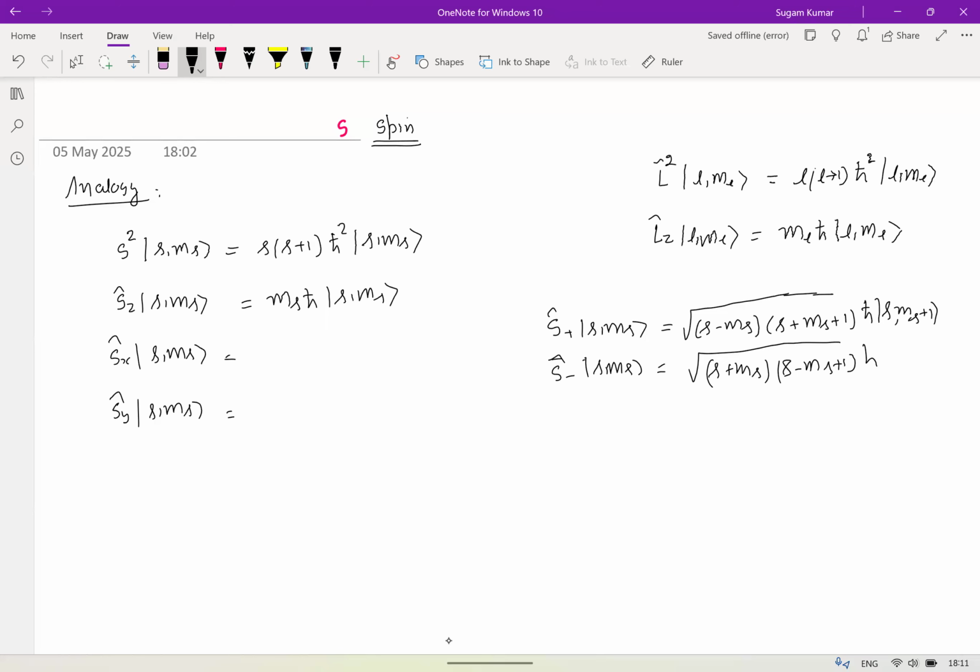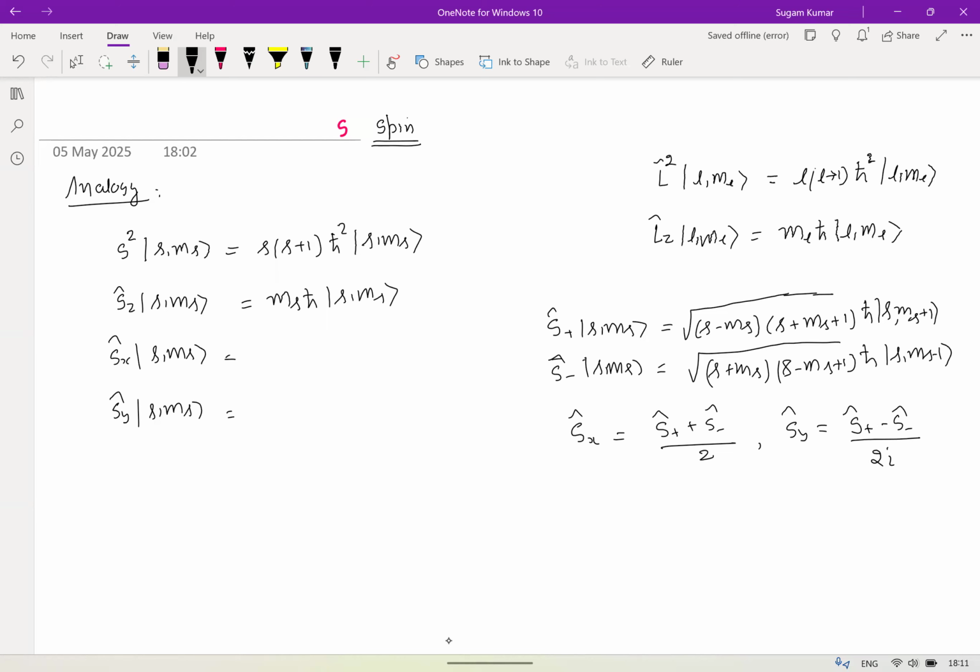I'm writing this equation just to make sure that there's a flow, and this X component of the spin is defined in terms of S plus and S negative. And similarly, the Y component has a factor of 1 by 2i. And you can see this Sx, now you can calculate.